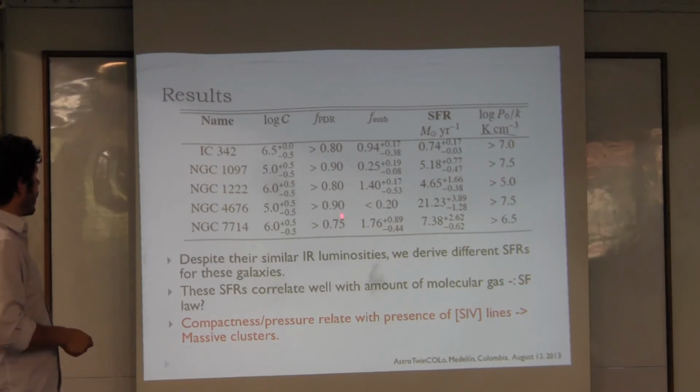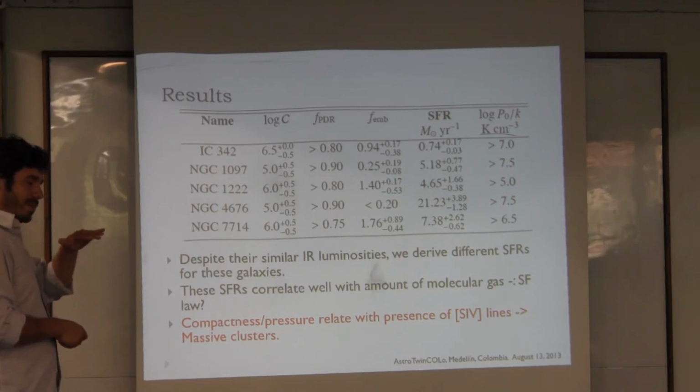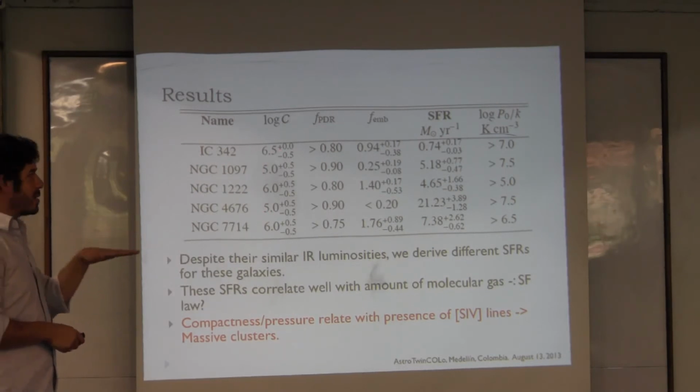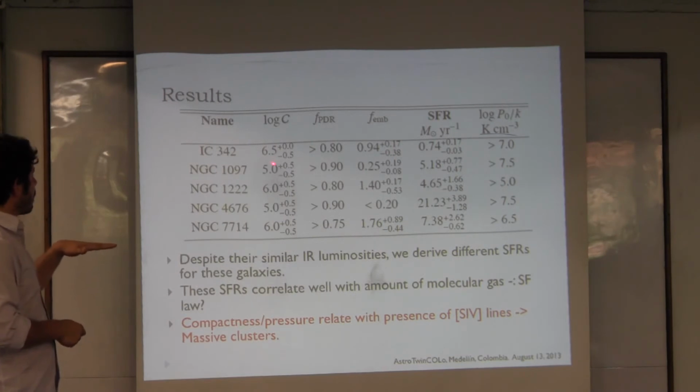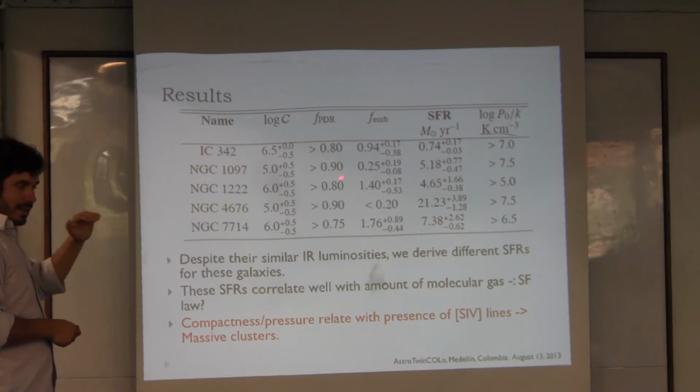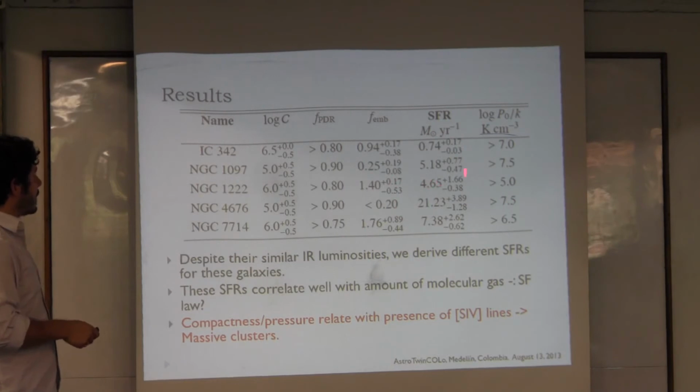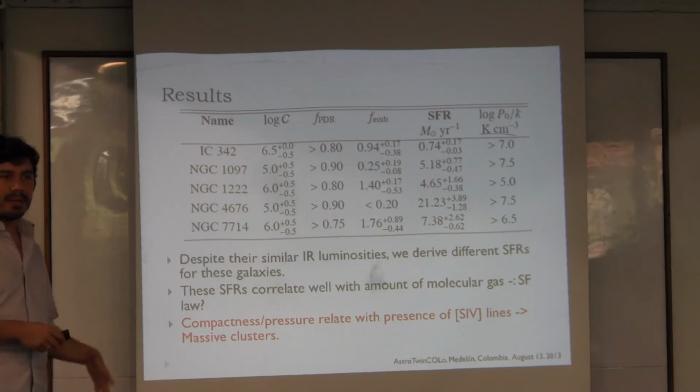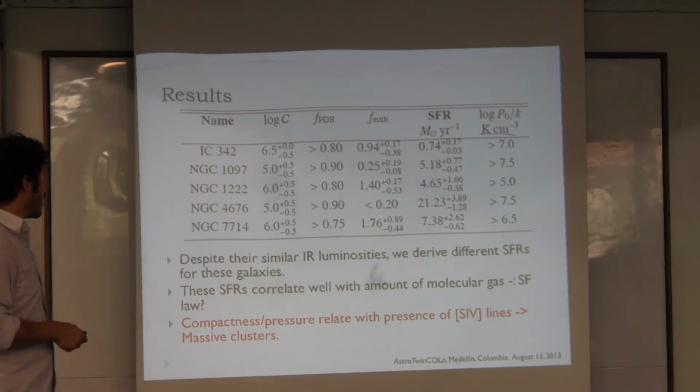So in order to keep the compactness at a certain rate, if you have less pressure of the ISM, then you need the clusters to be a bit more massive.